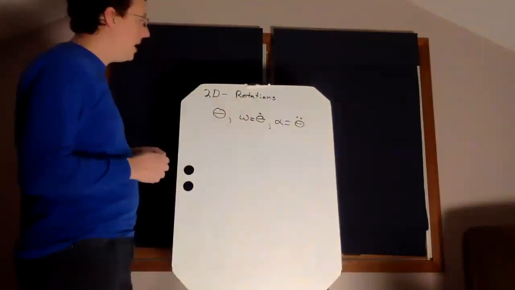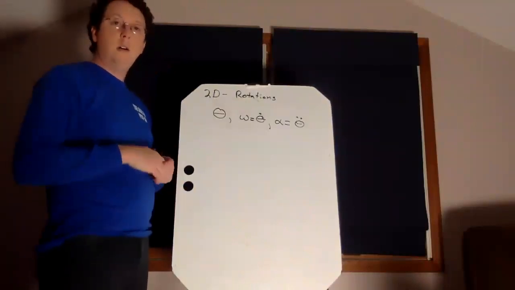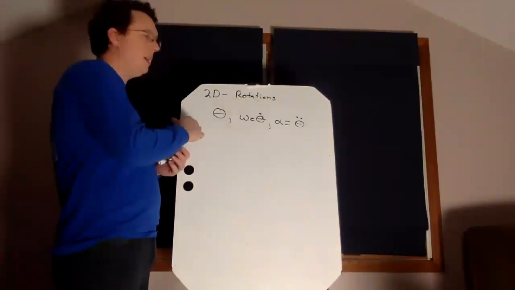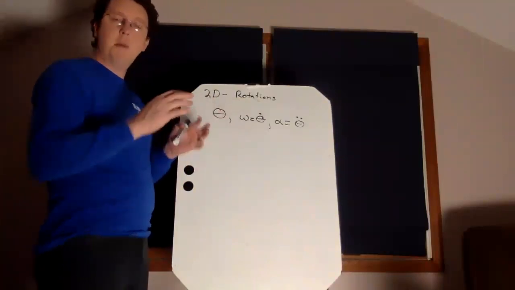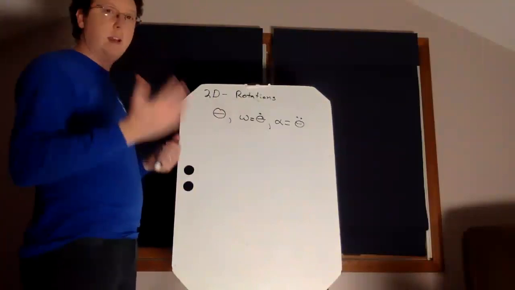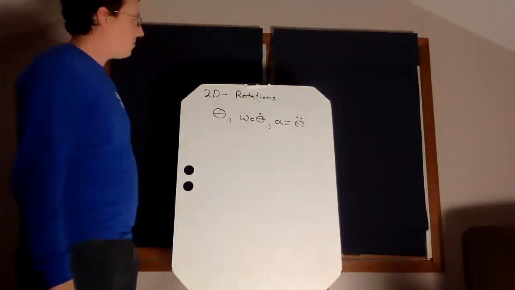Theta, omega and alpha are all scalar quantities. They aren't positive quantities. You can have negative angles. So it's not like the magnitude of something, but they're scalar quantities. And it's an angle, 2 pi, right? It's just an angle. It's a scalar.